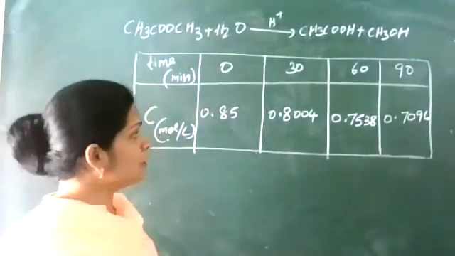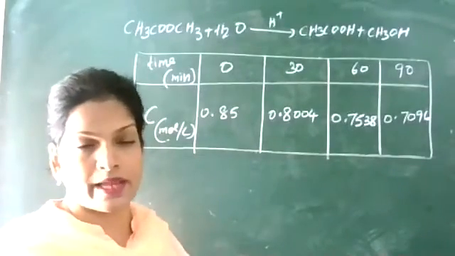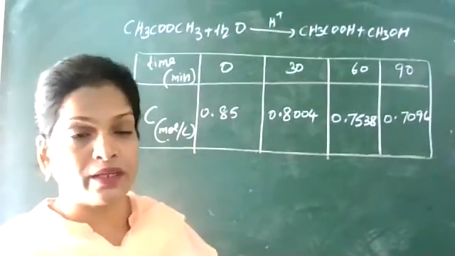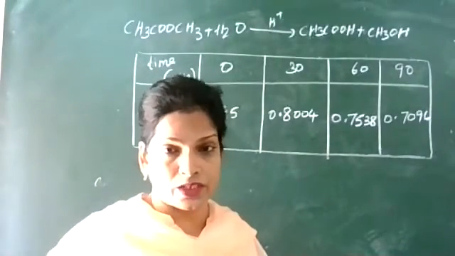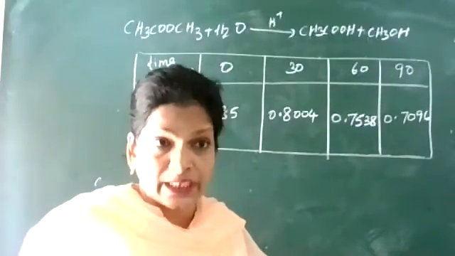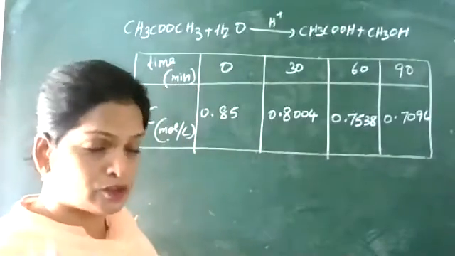We are going to substitute these values. We are trying first order kinetics because we are asked to check whether it is a pseudo first order reaction.